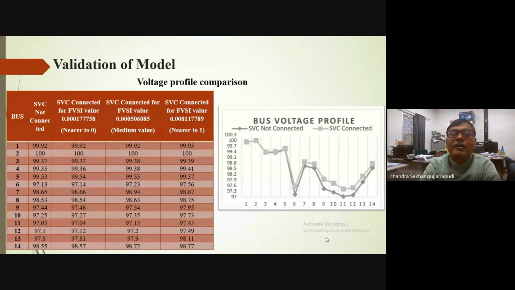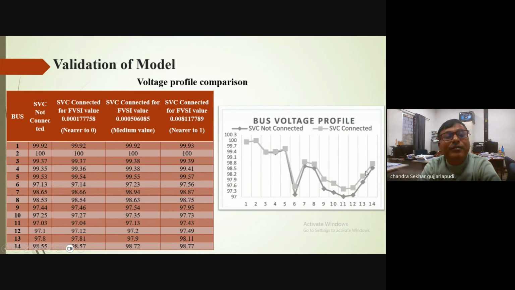And for a particular FBSI value, what voltage improvement is going on. You see, when SVC is not given, the dip line is there, the voltage profile is less. And when SVC is connected based on the FBSI, your voltage profile is increasing.